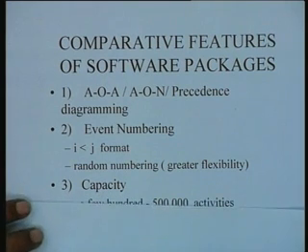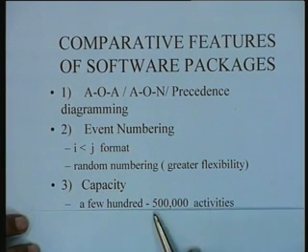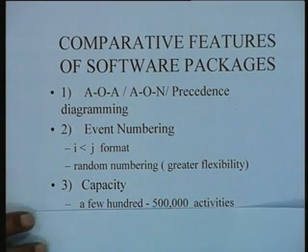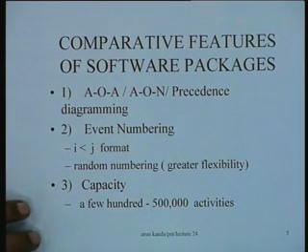This capacity typically varies from a few hundred to about 5 lakh activities. Packages can comfortably handle activities within this range as far as the overall project is concerned. This is the availability of the capacity.